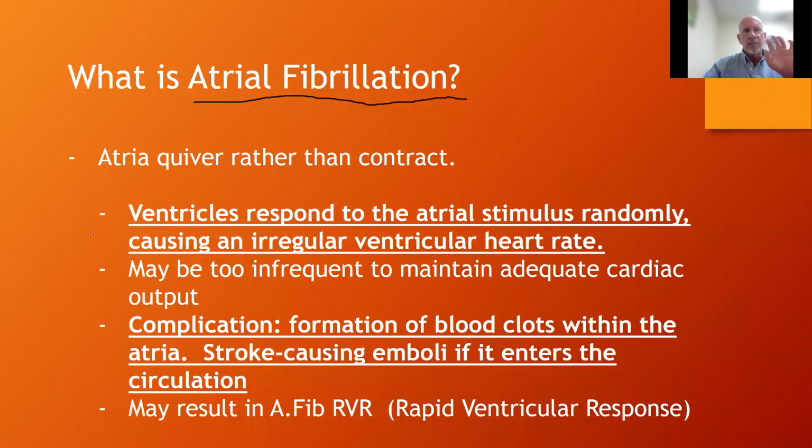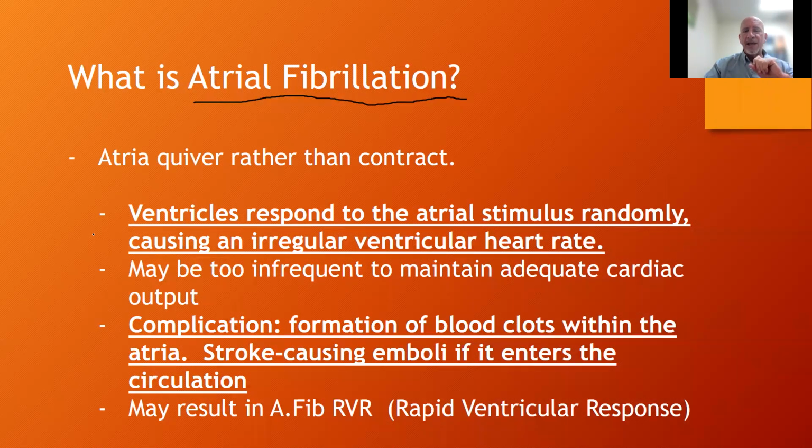You're getting too many pacemakers in the atrium. The atrium is irritated for some reason. High blood pressure is a very common cause of it, but there are several pacemakers going off in the atrium. So the atrium is not pumping the way it should be. It's just kind of quivering.